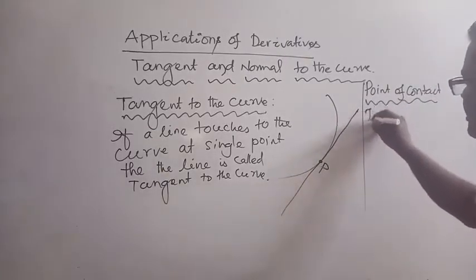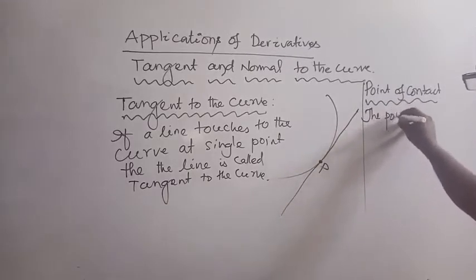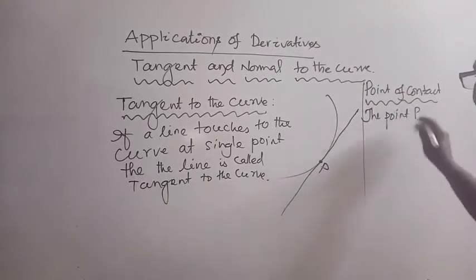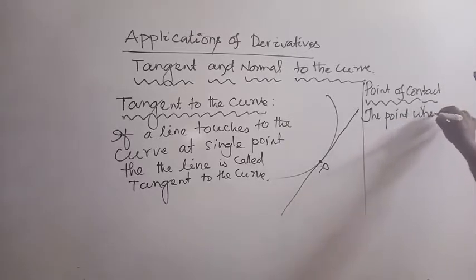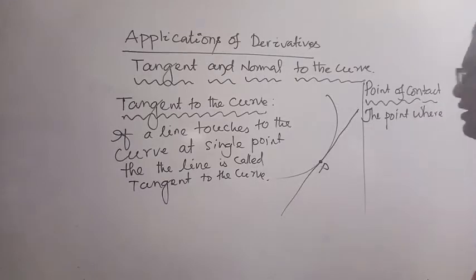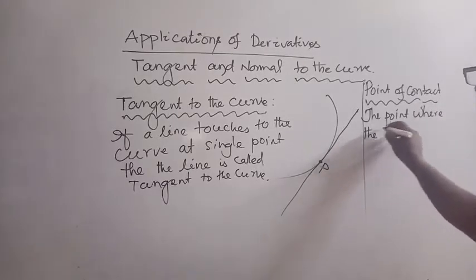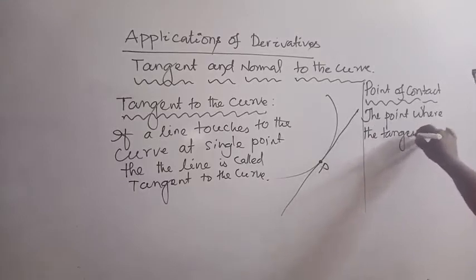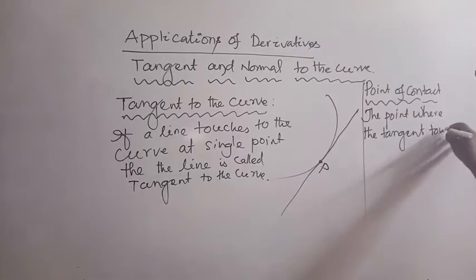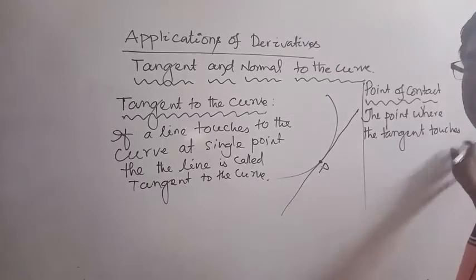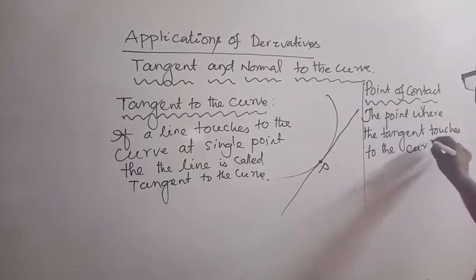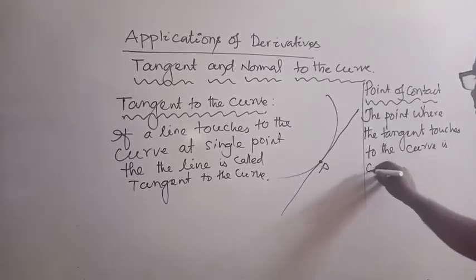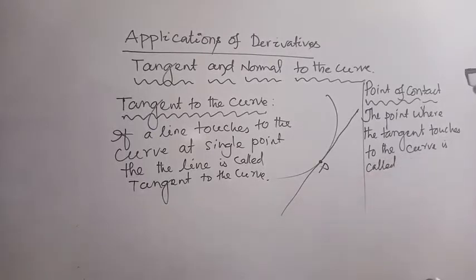The point P, here in the figure, the point where the tangent touches the curve is called the point of contact.